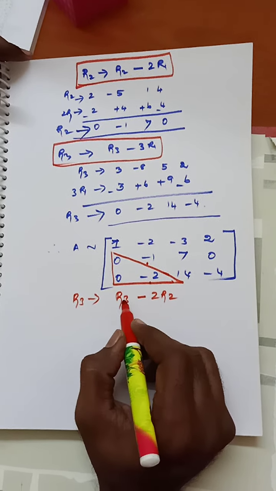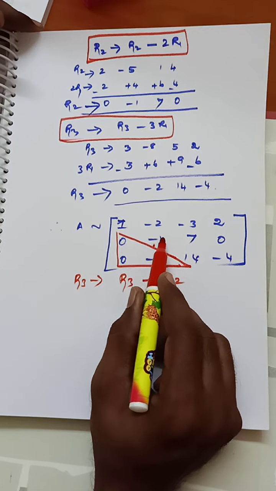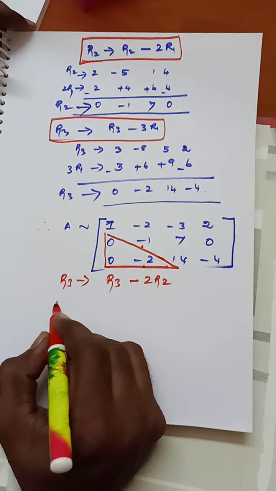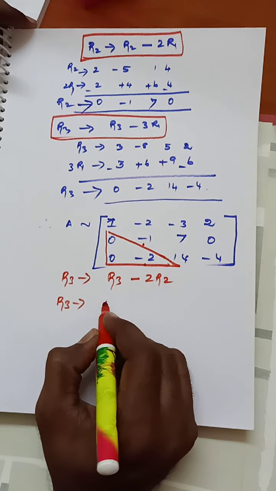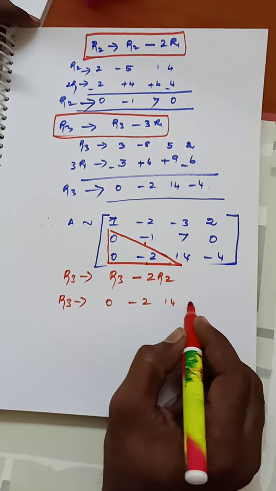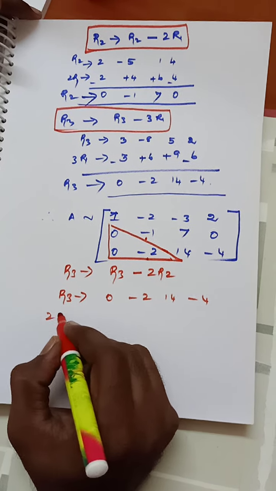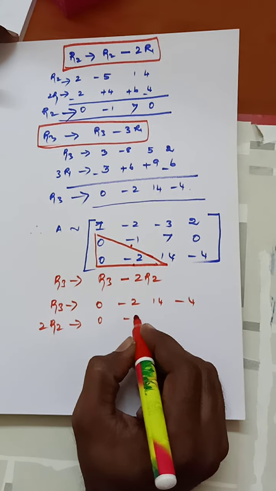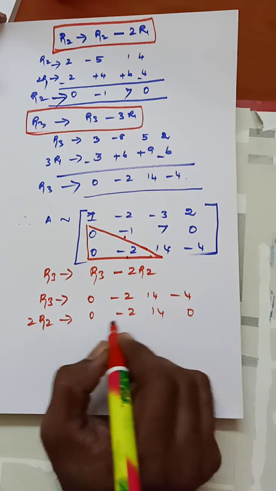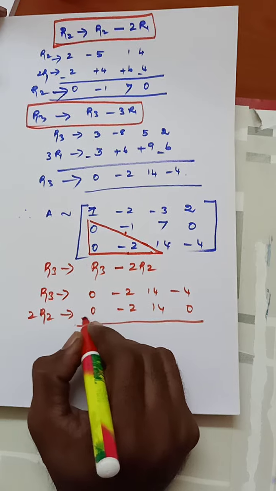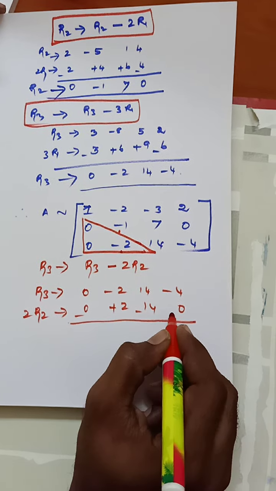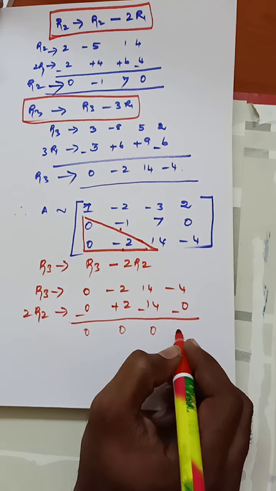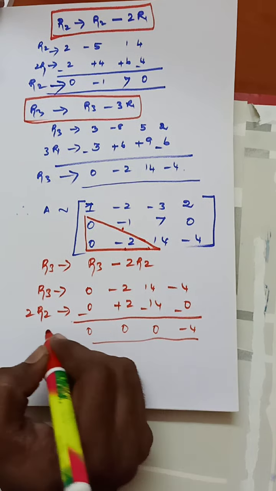R3 has minus 2, and when you multiply R2 by 2 you get minus 2, and by subtraction you get 0. So your new R3 becomes 0, minus 2, 14 and minus 4, and 2 times R2 is 0, minus 2, 14 and 0. Again subtraction, minus plus, minus minus. So it is 0, 0, 0, minus 4. This is your R3.